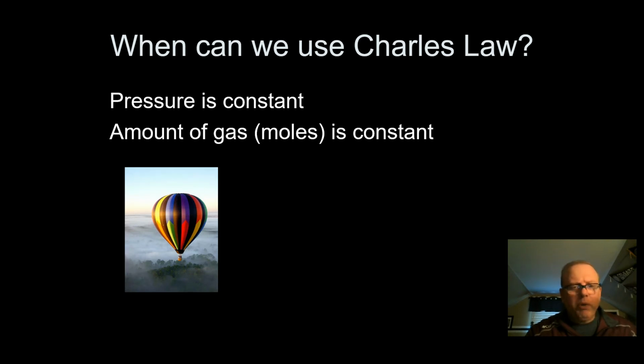A hot air balloon will be a classic example of how this works. Hot air balloons work on the principle of heating the air up. When you heat the air up, the volume increases, and as the volume increases, the density decreases, and that's why they actually float.